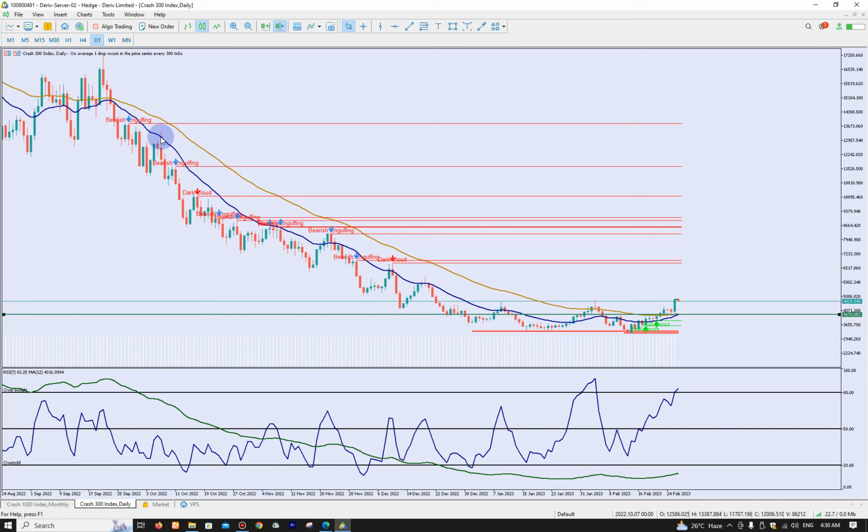Whenever you see the price coming close to the moving average, you can place your entry within that zone. You have to wait, you have to be patient. You look at price coming to the moving average after the rejection, you can place your entry, wait for breakout structure and exit the trade.